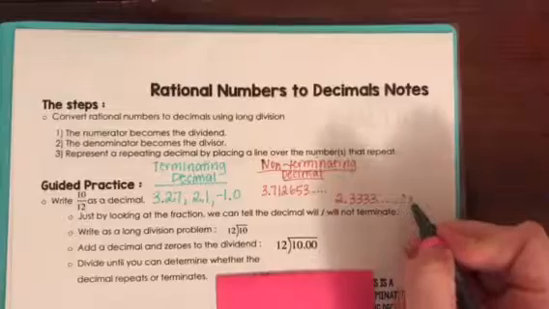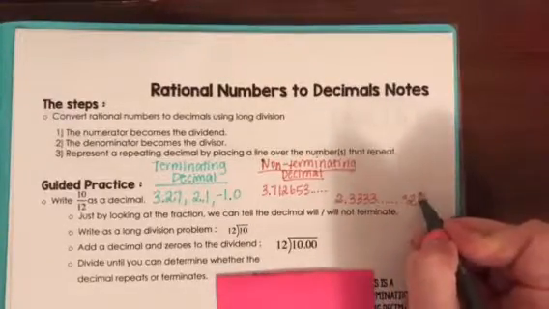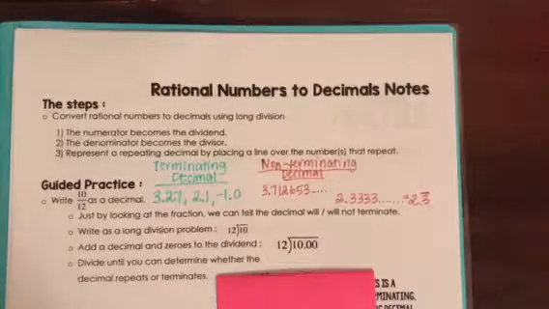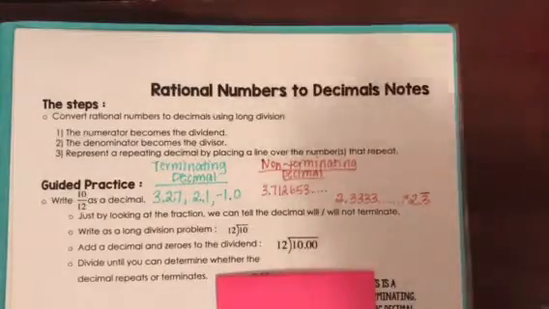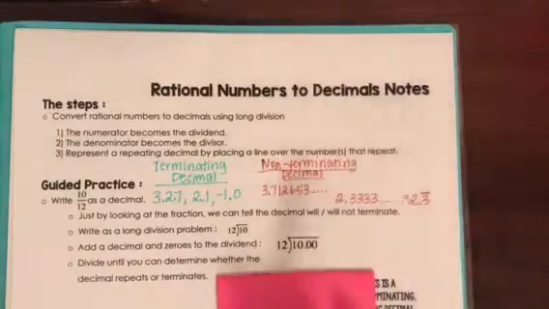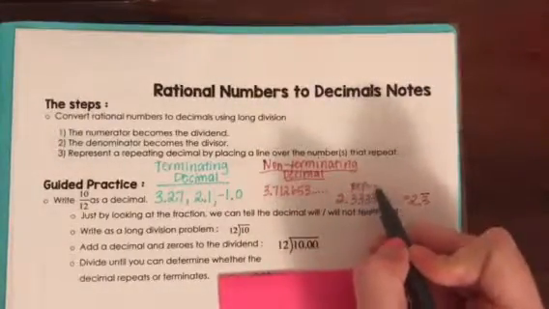And another way that we can write that is 2.3, and then we put a little bar over the top of the 3. And that tells us that this number is 2.33333 and so on. It keeps on going. So that is called a repeating decimal.